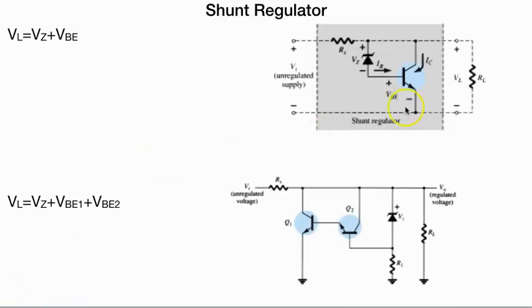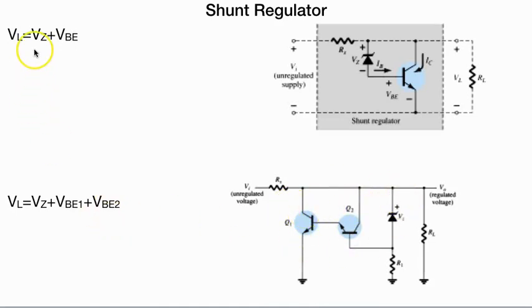The shunt regulator is where the control element is in parallel, then reference, comparator, control element, sampling.